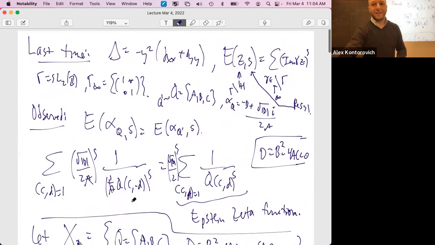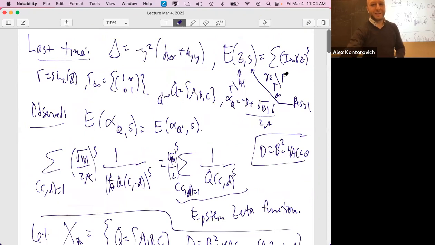The original Eisenstein series, the way it's defined here, to make it patently a sum over gamma mod gamma infinity, so that it's obviously gamma invariant, means that C and D are coprime. And then if you want to free C and D to range over all n and m, there's just a factor of zeta of 2s.